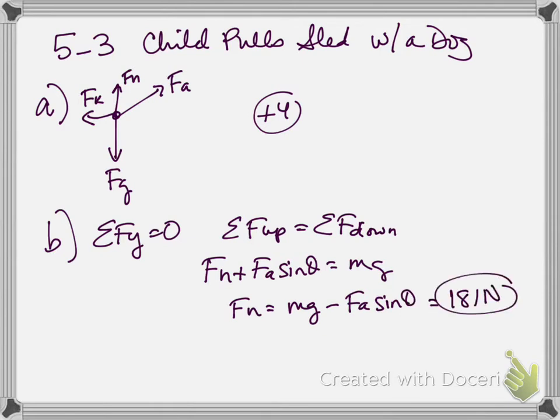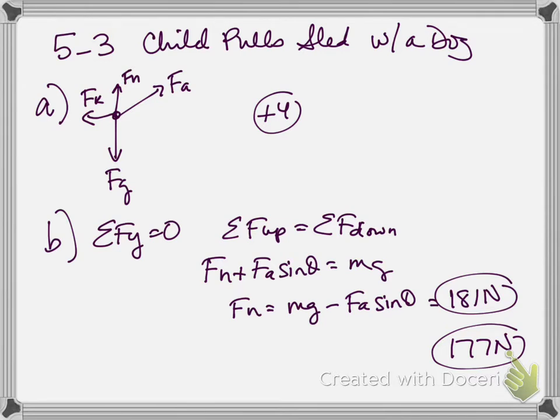I think I used 10 as acceleration due to gravity there. If you use 9.8, you get 177 newtons. Either way is fine, even if they see a 10 or a 9.8 in there, they'll know that's what you're doing.